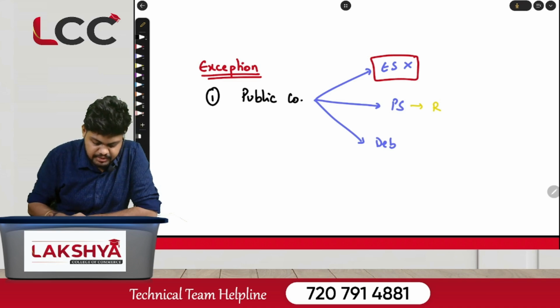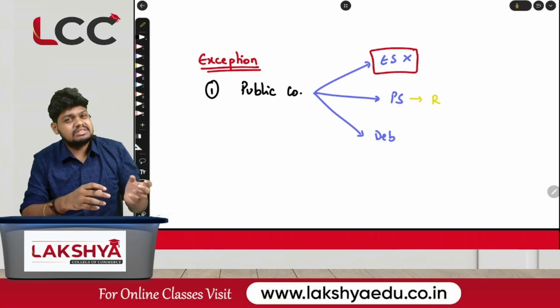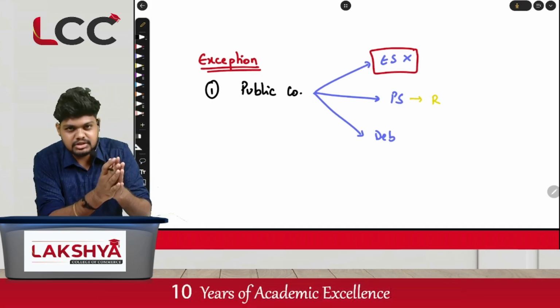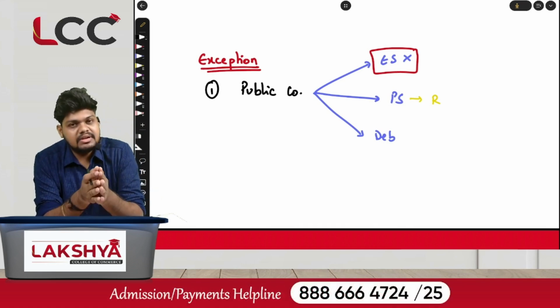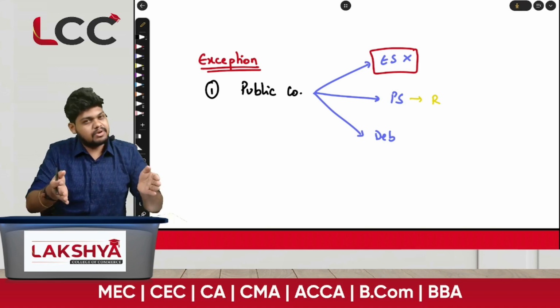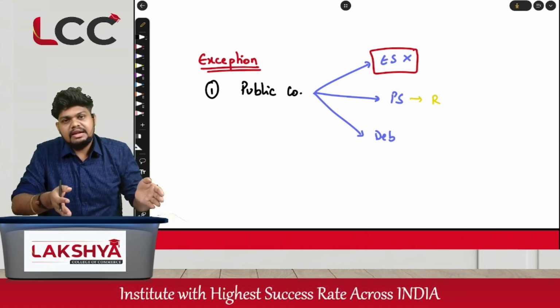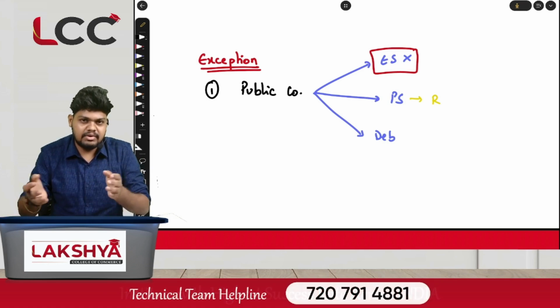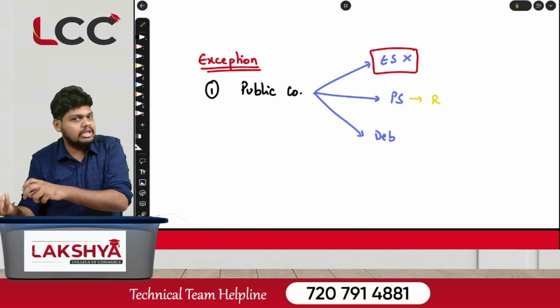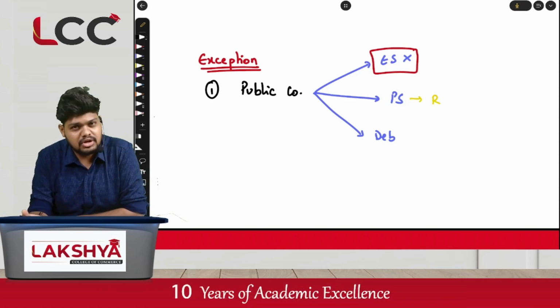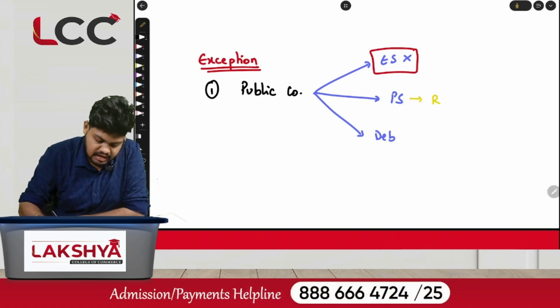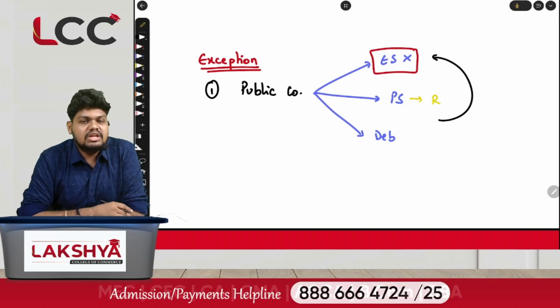Whenever debentures and preference shares are issued, as we have seen in types of preference shares and types of debentures, we have convertible and non-convertible. What do you mean by convertible? Initially, they will be classified as a preference share or a debenture, but at the later part of the tenure, once the tenure has completed, they will be converted into equity shares. So end of the day, though today they are classified as preference or debentures, in the future they will be converting themselves into equity shares.